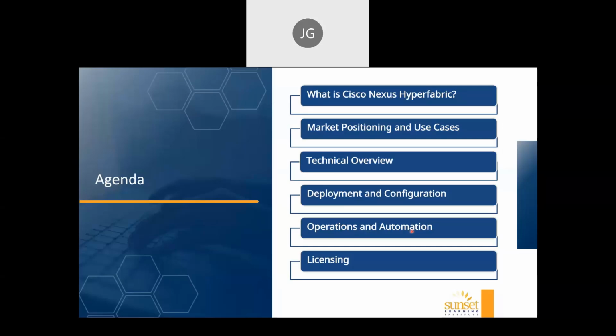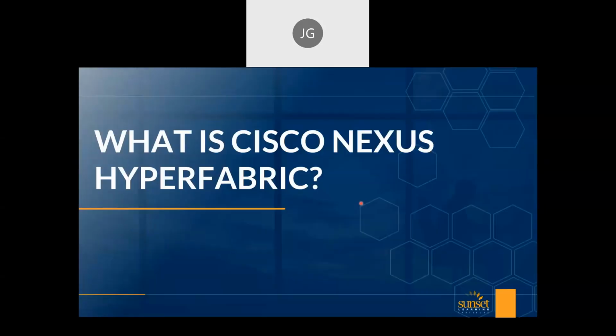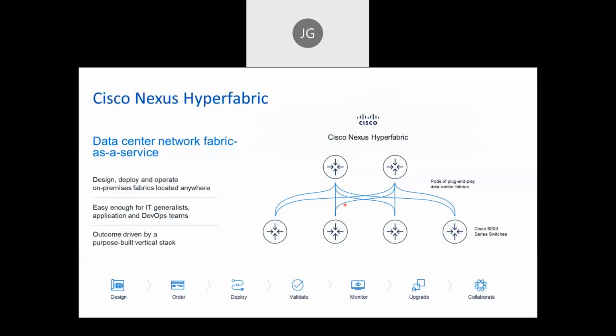So the first thing I want to do is jump into what the Cisco Nexus Hyperfabric is. The first thing to note here, folks, is that one of the challenges today, when we go to deploy a fabric, is that the most important thing is sizing it and then scaling it, right?